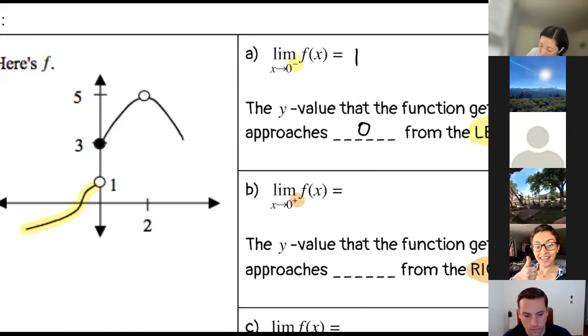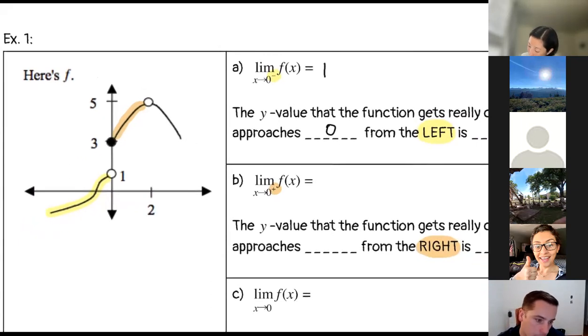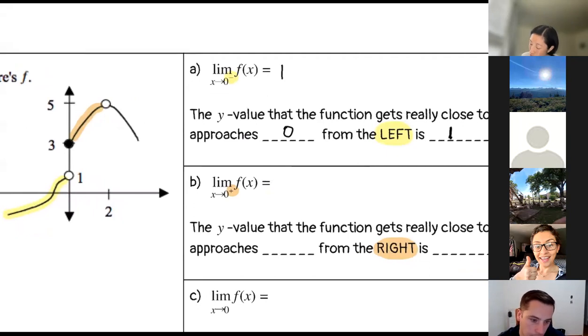And if we trace, perfect. I love these guesses. We are indeed getting to 3. So what we want to say is that the y value that the function gets really close to when x approaches 0 from the right is 3.